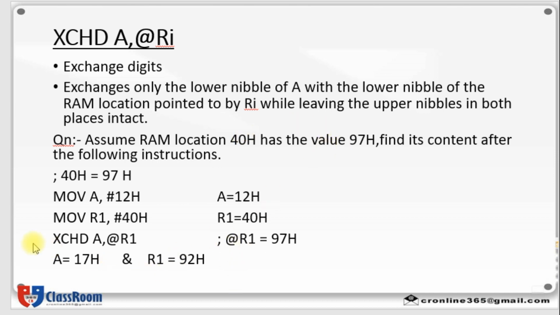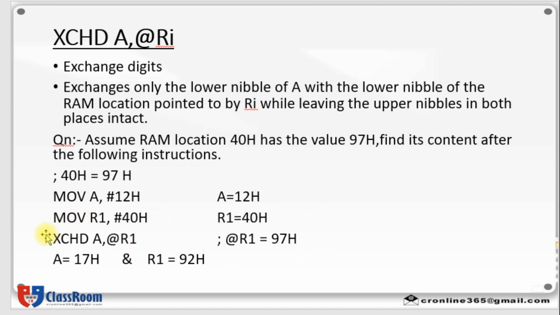So after executing this instruction, XCHD A, @R1, R1 will be indirectly pointing, that is, pointing indirectly to this value 97 at 40H. So @R1 means it contains this value 97.